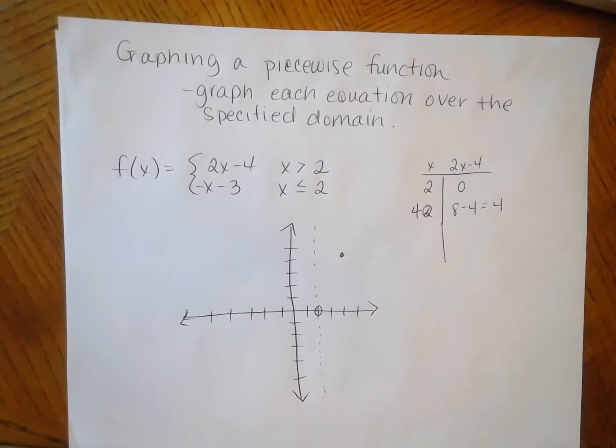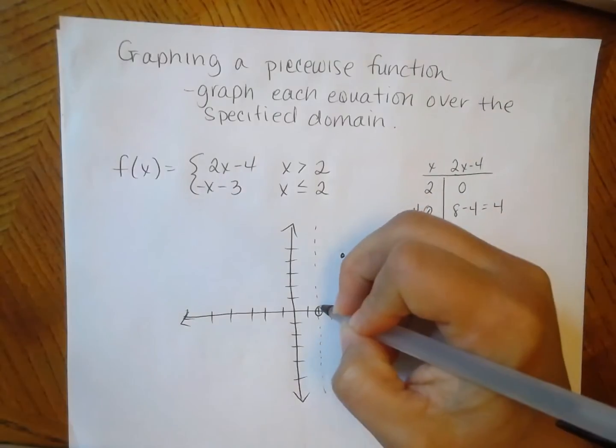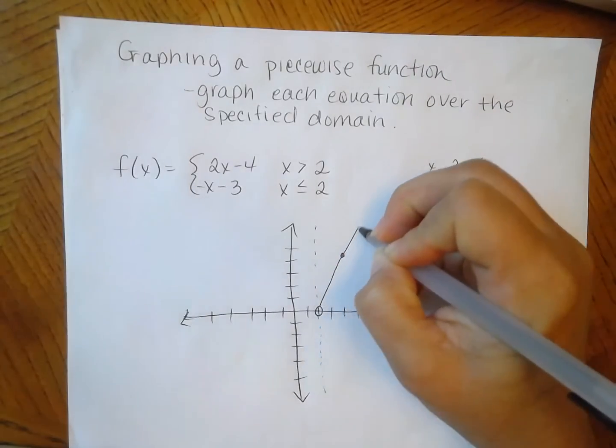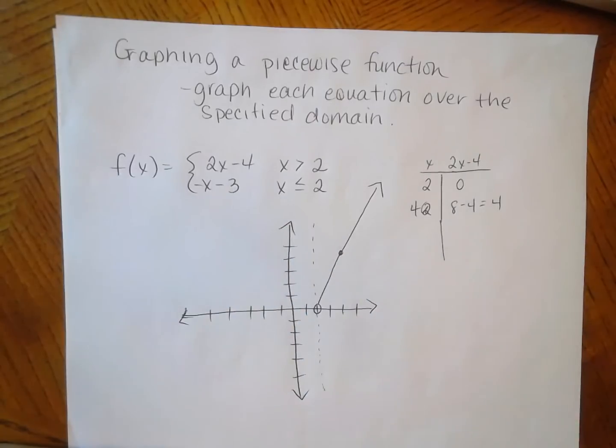We're going to learn later that this is a linear function, and so my 2 points will give me enough. So my graph goes on and on and on in that direction. Now if I wasn't sure what this piece looked like, I'd graph a few more points bigger than 2. Alright, so that's that piece of the graph.